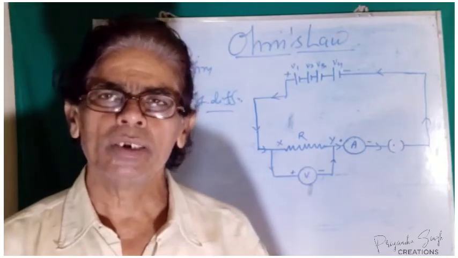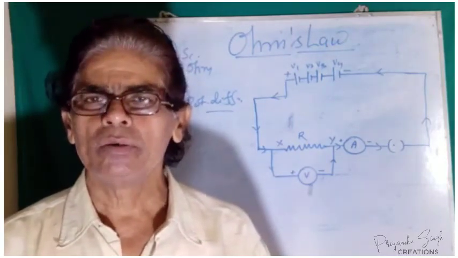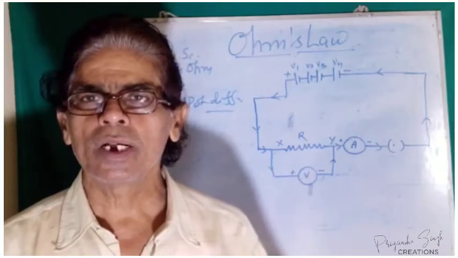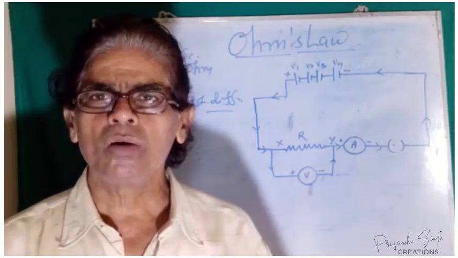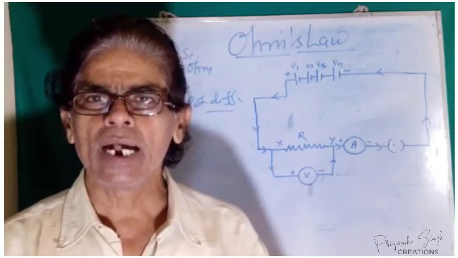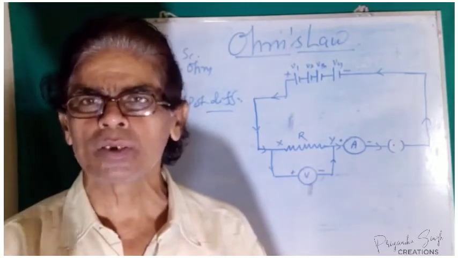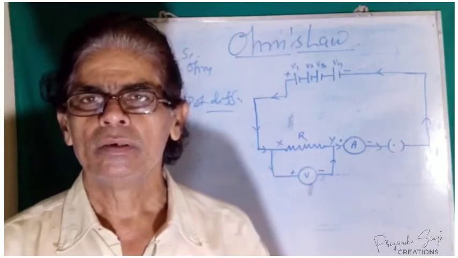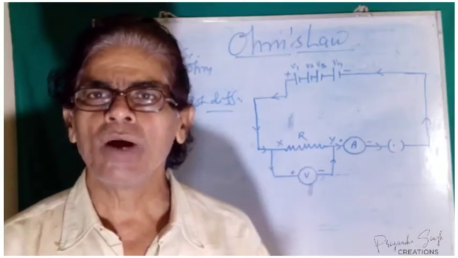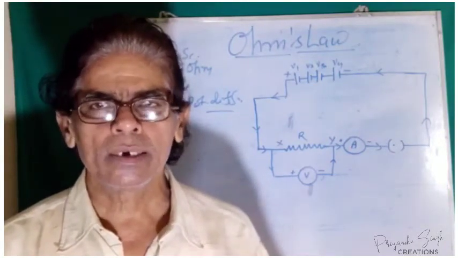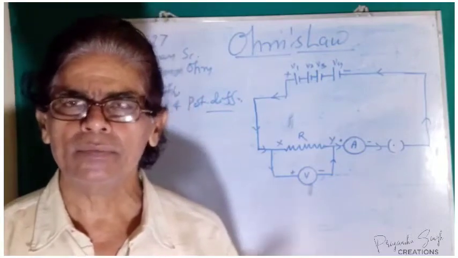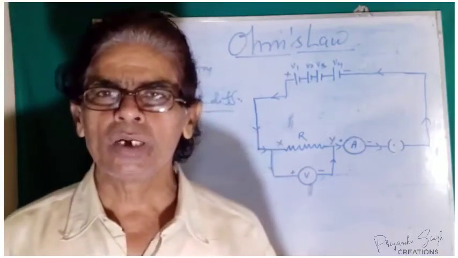You have already studied current strength. What is current strength? The amount of electric charge passing per unit time through a given cross-section area of a conducting wire is called electric current. It is denoted by I. And what is potential difference?